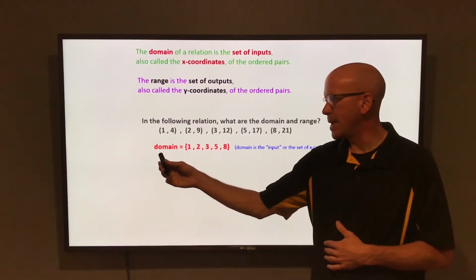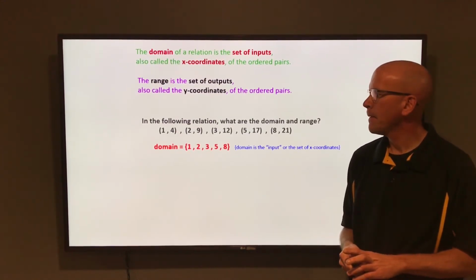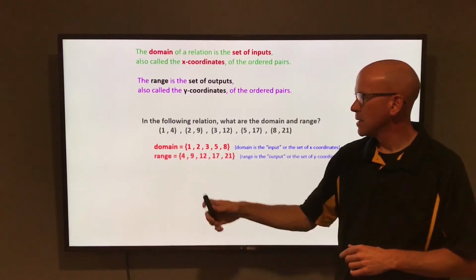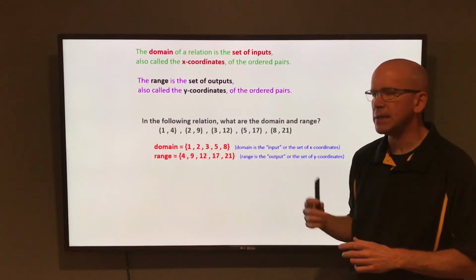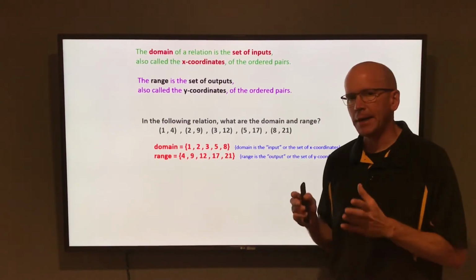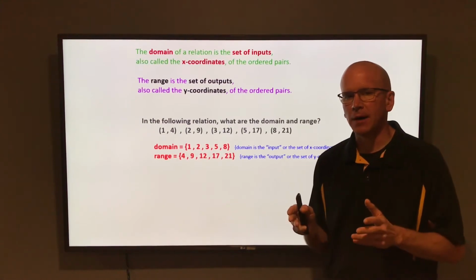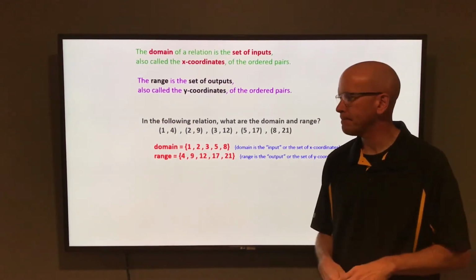So the domain consists of 1, 2, 3, 5, and 8. As far as the range goes, that's simply stating the Y values. So the range consists of 4, 9, 12, 17, and 21. Again, I stress, the domain is the set of X values. The range is the set of Y values. Always remember that.